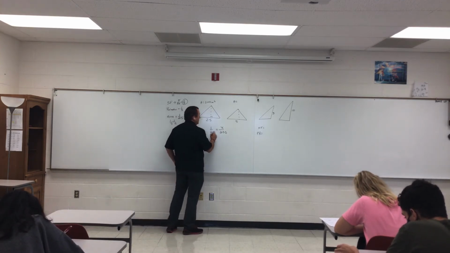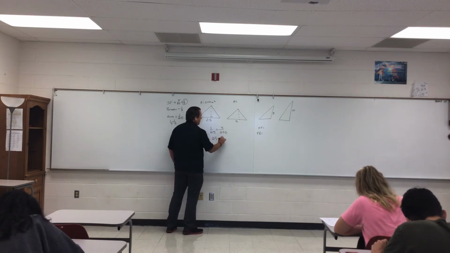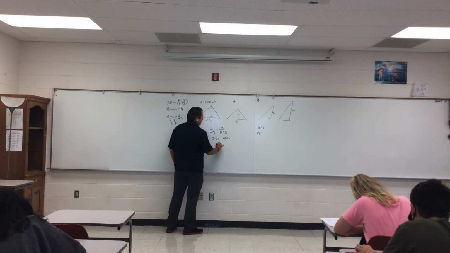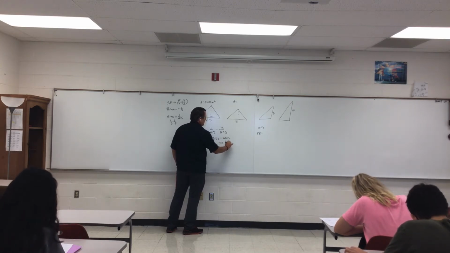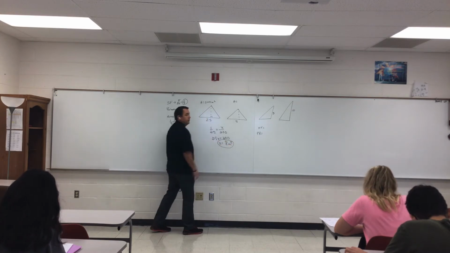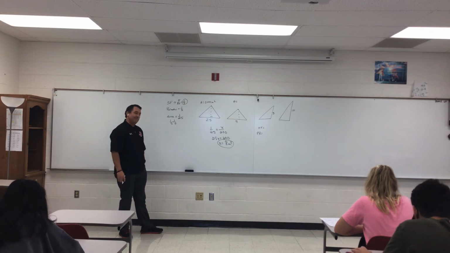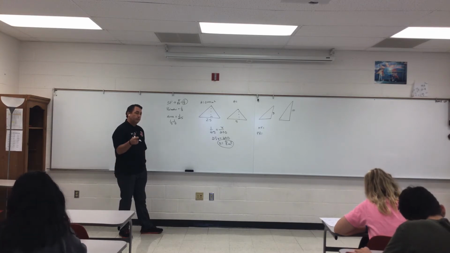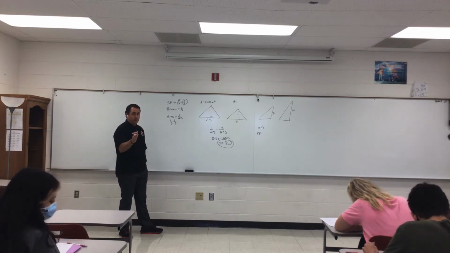If I cross multiply, 25 times x equals 200 times 1, divide by 25, and I would have the area of the smaller triangle. So area ratio is the ratio squared. Perimeter ratio stays the same.